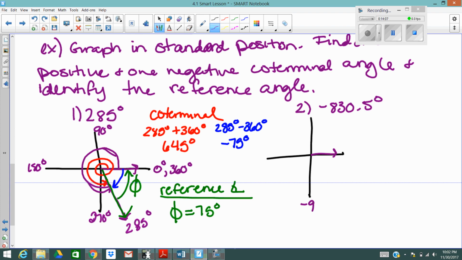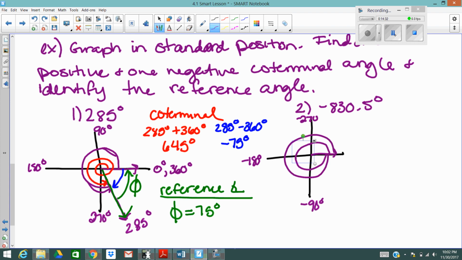So I have negative 90 degrees, negative 180 degrees, negative 270, negative 360. Now I'm going to have to go around again because I'm not even close to 830. So keep going, and keep going.